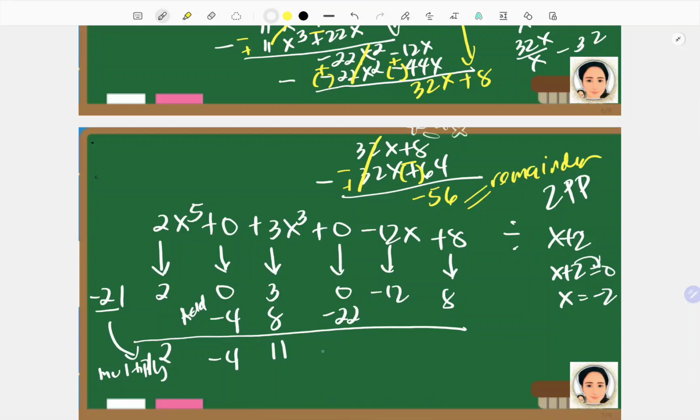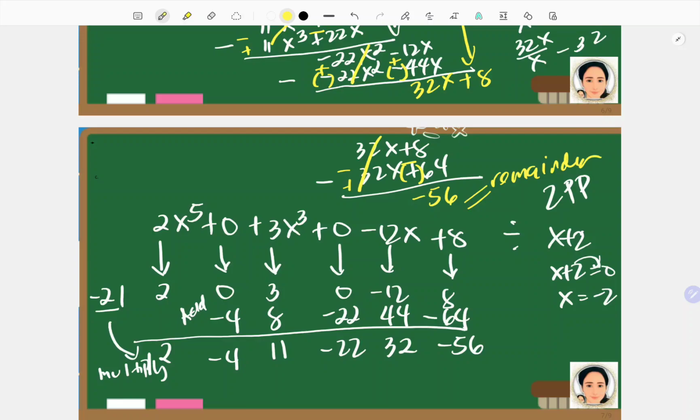Then add negative 22. Negative 2 times negative 22, we have here positive 44. Then add, we have here positive 32. Negative 2 times 32, you have negative 64. Then add negative 56.